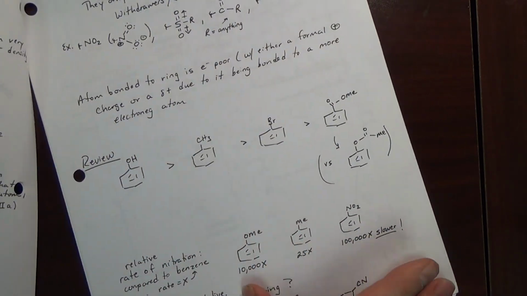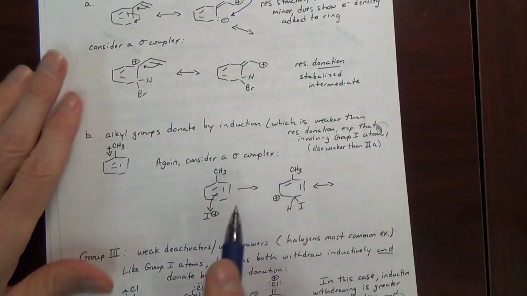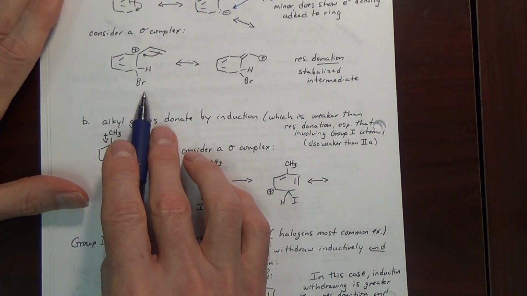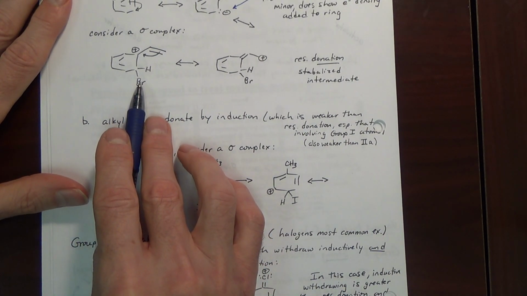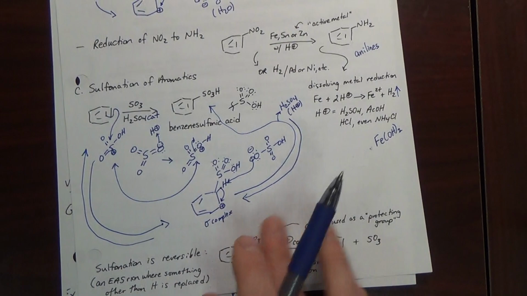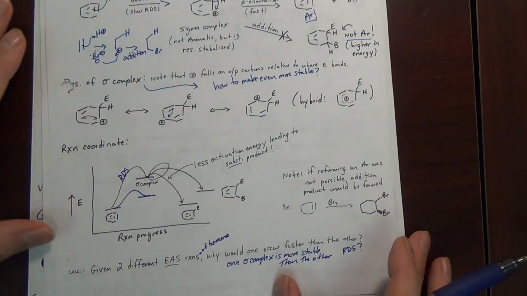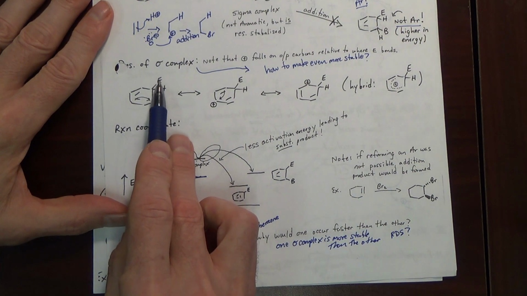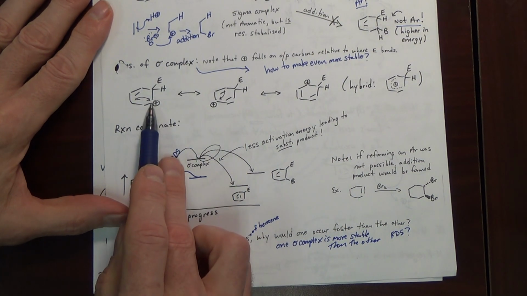Over here, the electrophile looks like it may have been bromine. And the carbocation fell next door, ortho. The carbocation is next door to the electrophile, the bromine, ortho.